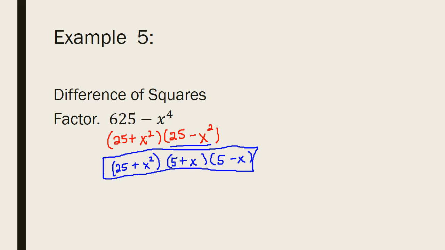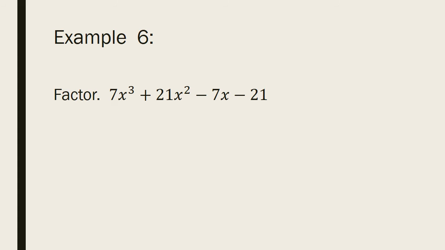All right, let's look at example 6. Okay, first thing that I see here is that we have got 4 terms. 4 terms, so definitely not going to be a difference of squares right now.